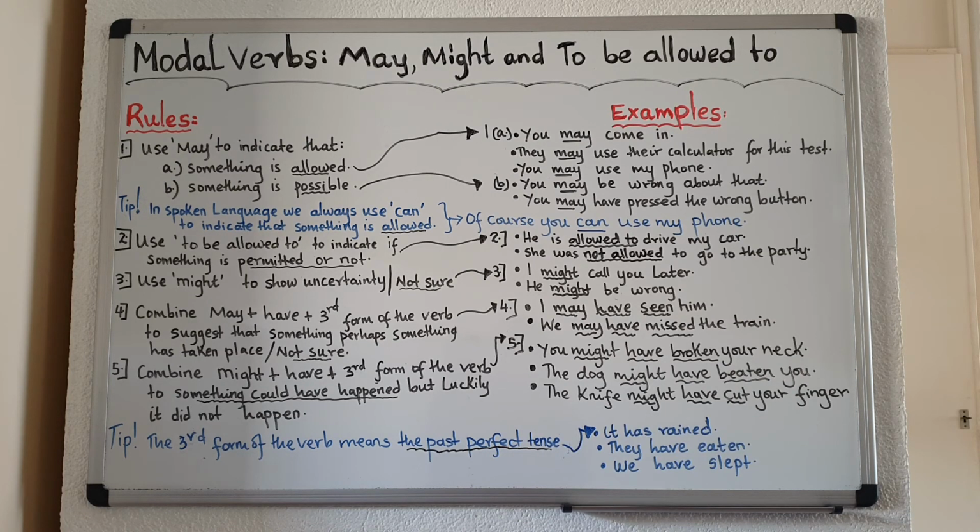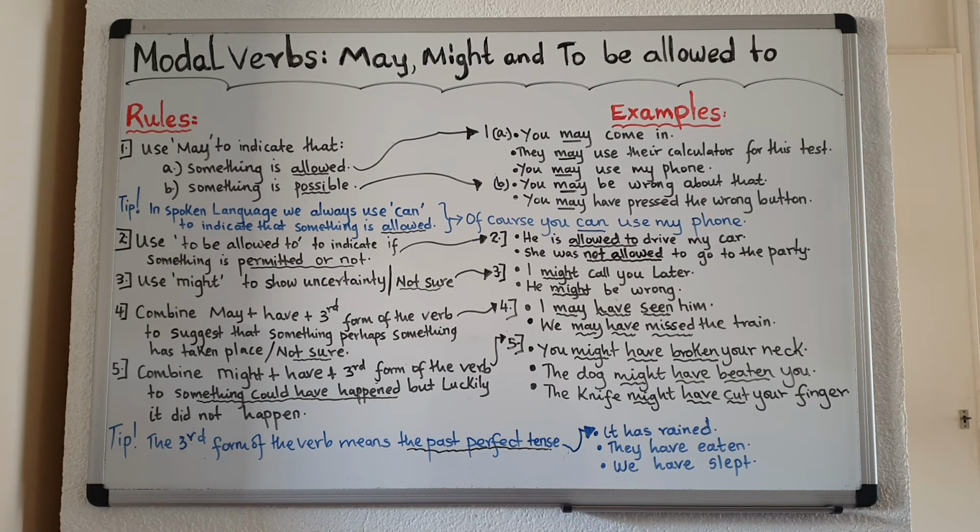I have uploaded a video about the past perfect tense, just in case you're not familiar with that and you need more details. But for the purpose of this lesson, the third form of the verb means the past perfect tense. And on the right, I have written some examples of some sentences in the past perfect tense.